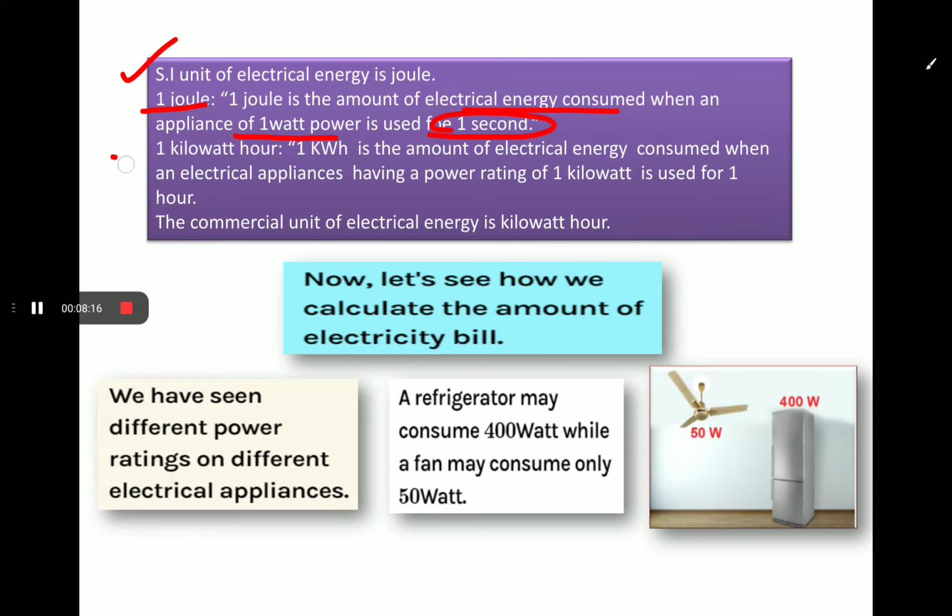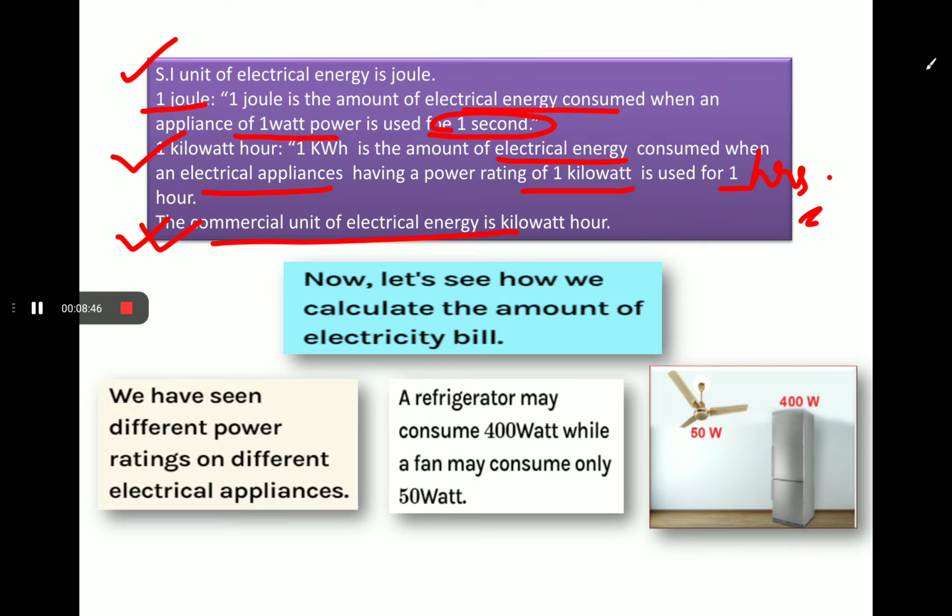And 1 kilowatt hour is the amount of electrical energy consumed when an electrical appliance having a power rating of 1 kilowatt is used for 1 hour. So this is how we can define 1 joule or 1 kilowatt hour. The joule is the SI unit of energy, and kilowatt hour is the commercial unit of electrical energy.